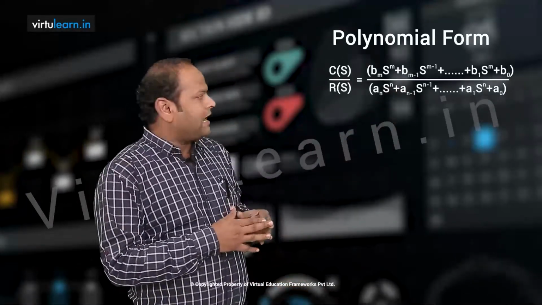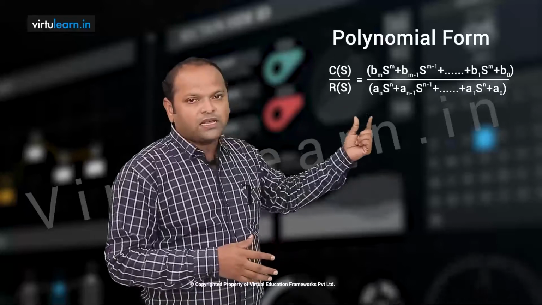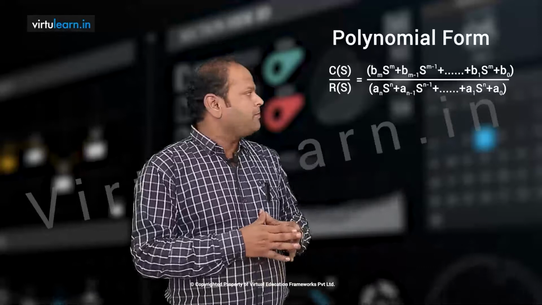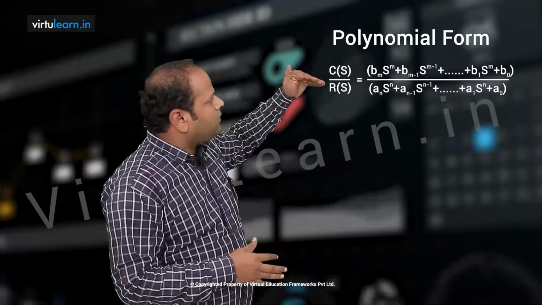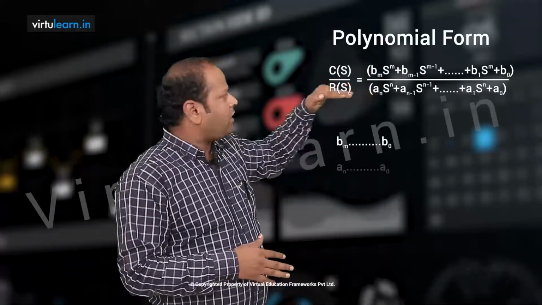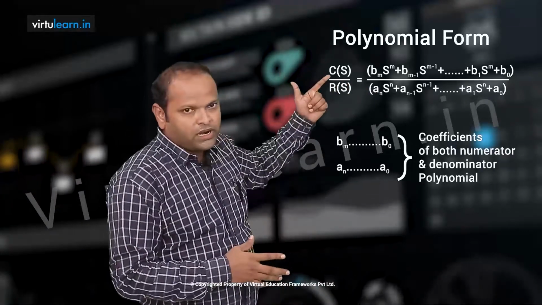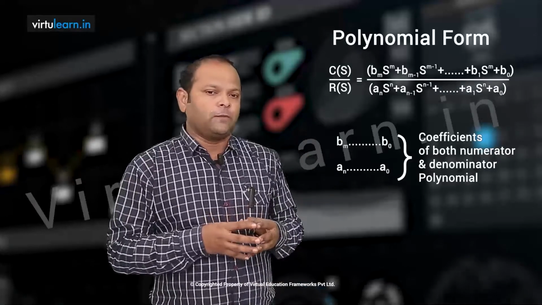Divided by, similarly, I have a_n s^n + a_(n-1) s^(n-1) + ... up to a_0. So b_m to b_0, a_n to a_0 are the coefficients of both the numerator and denominator polynomial.